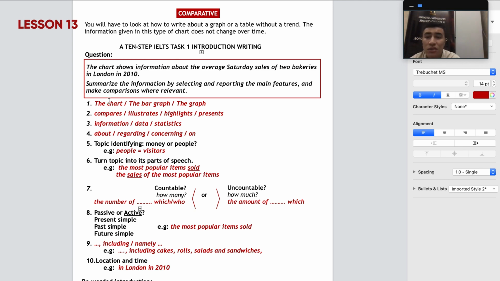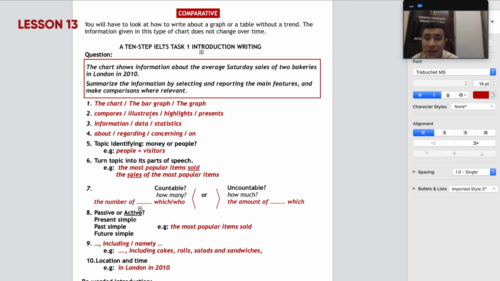So instead of the chart, you can say the bar graph, the graph, and instead of shows, you can write compares, illustrates, highlights, presents, and the word information can be paraphrased as data or statistics. And of course, instead of about, you can use regarding, concerning, or simply on.